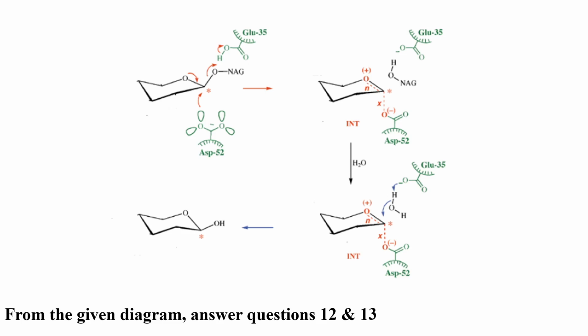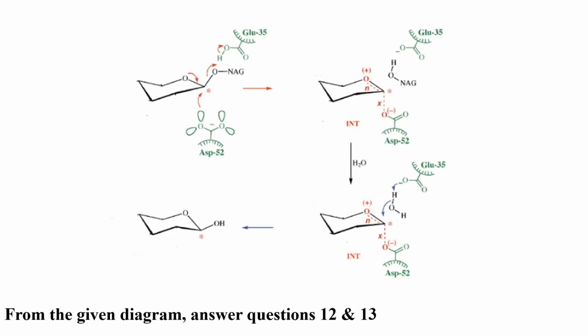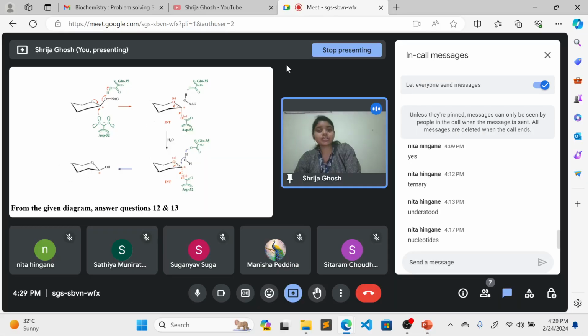So which enzyme's mechanism is shown here? Options are lysozyme and ribonuclease. I have already shown you the mechanism of ribonuclease, so you should be able to answer this. This is the mechanism of lysozyme. Okay, and what is the mechanism called?